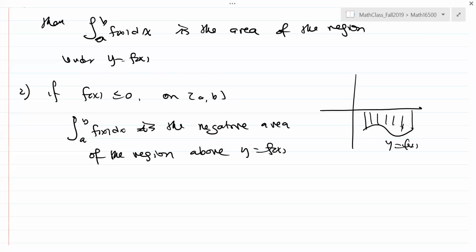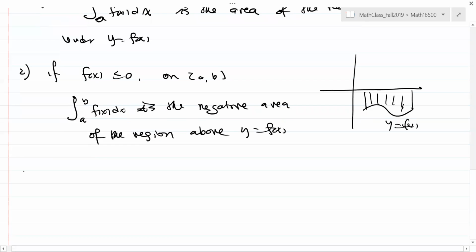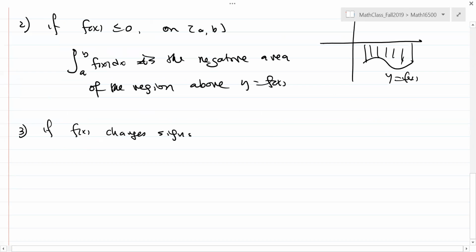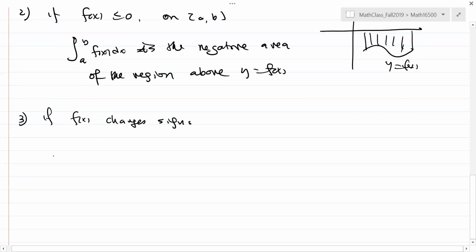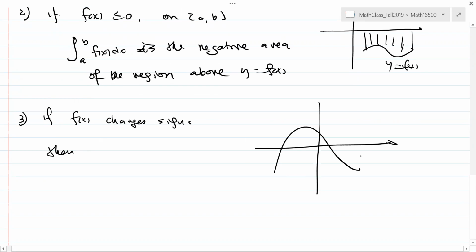And in a mixture, if somewhere x is positive and somewhere negative, if f of x changes signs, okay, then the integral, for example, changes signs like that. Then you have several regions.